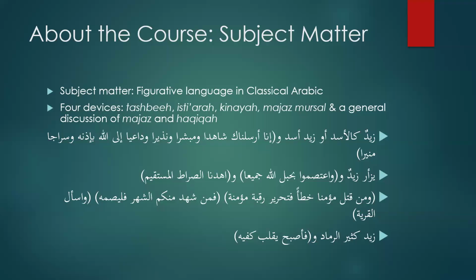And so when we use a part, and this is only one type of majaz mursal, there are many types, and we're going to go through that, inshallah. When you use a part to refer to the whole, that's a relationship that already exists, okay?